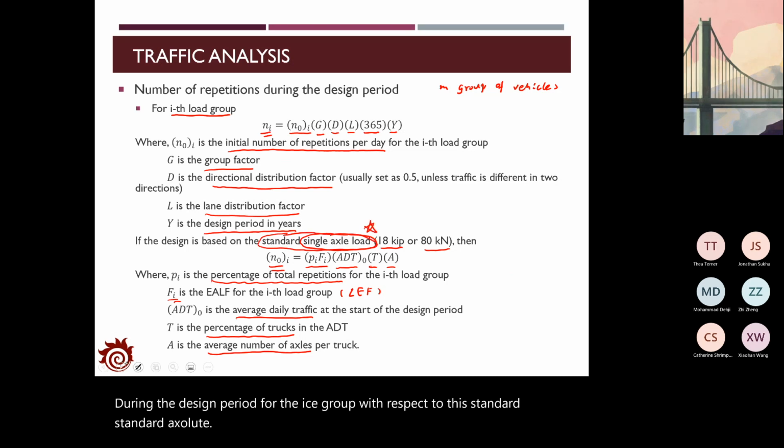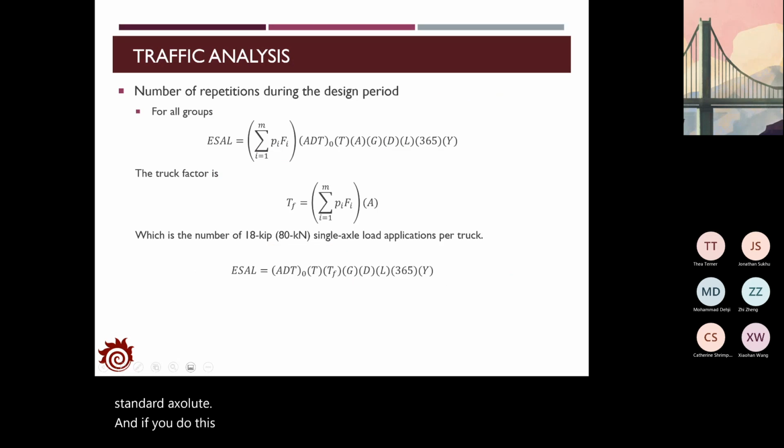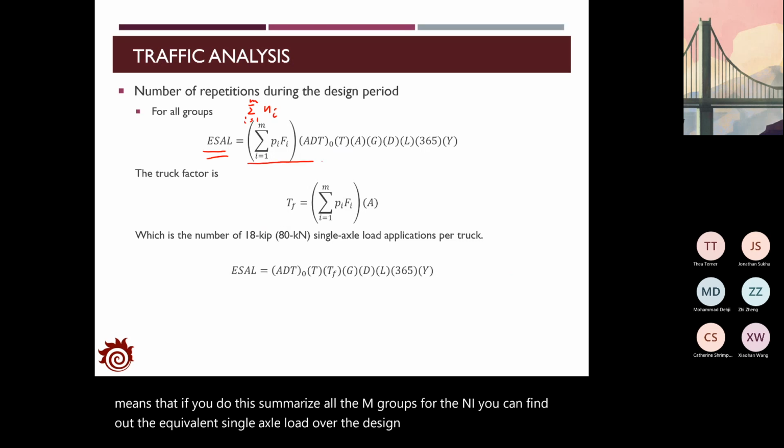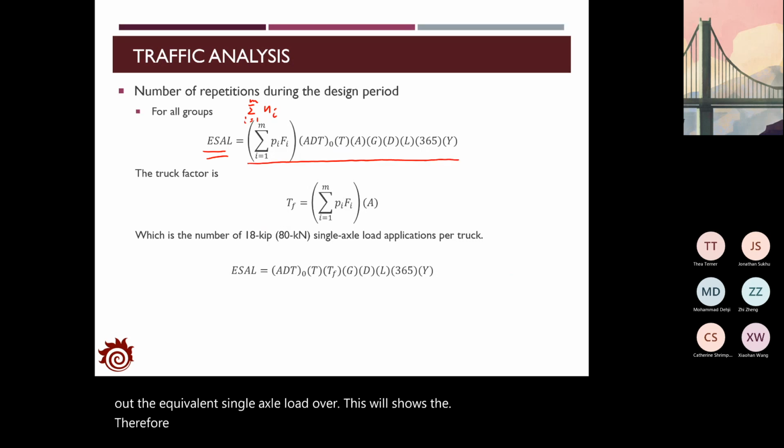And if you summarize all the M groups for the Ni, you can find the equivalent single axle load over the design life. This shows the full equation for you to get the ESAL.